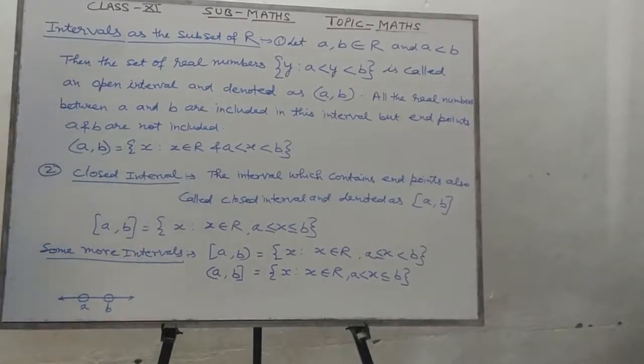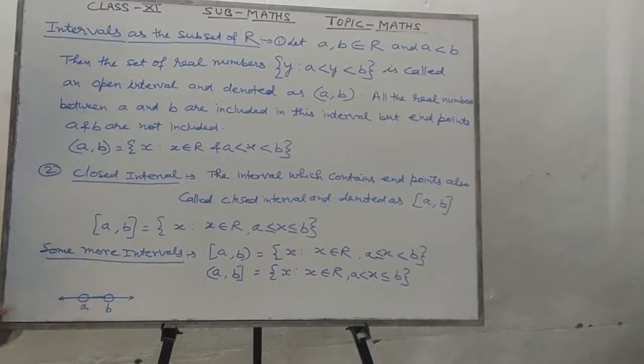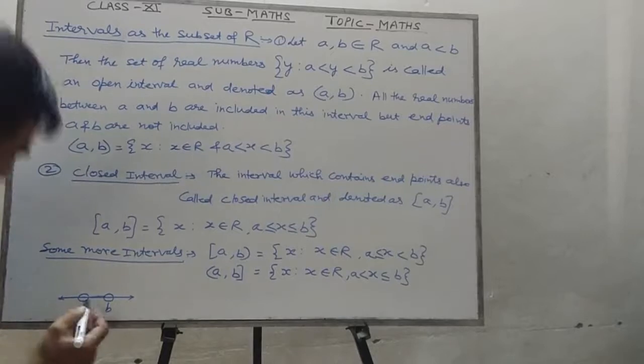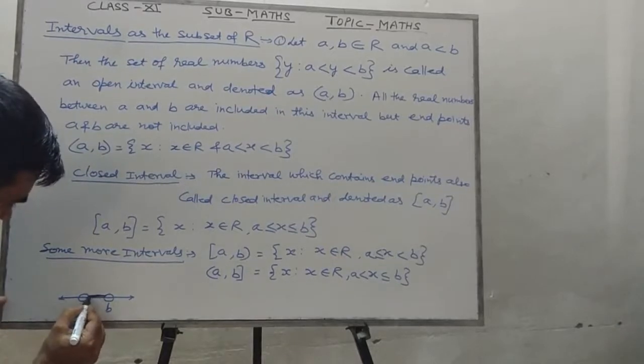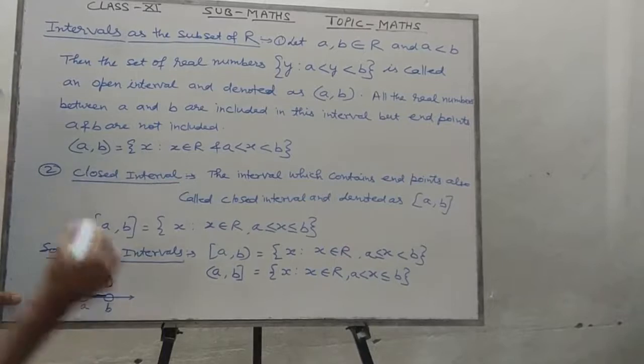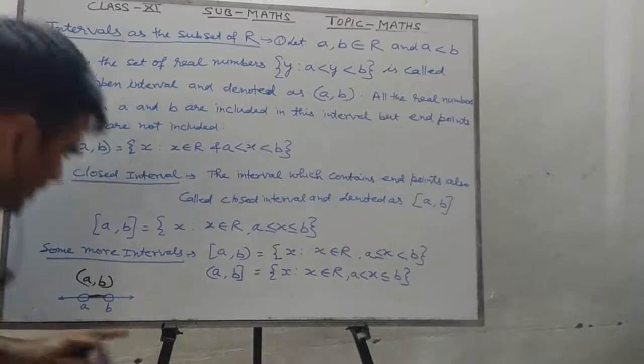If no endpoint is included, then we denote these by empty circles, and we have the real numbers between a and b, like this. Endpoints are not included. So this is the open interval.